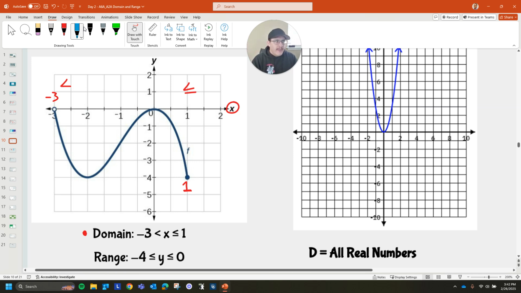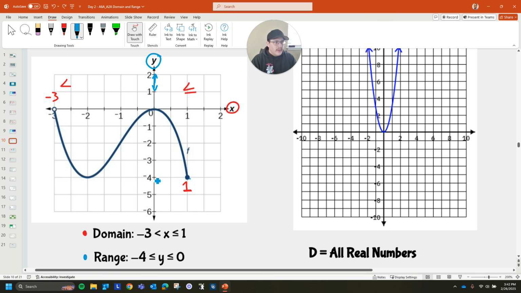With range, this may get a little tricky, but bear with me here. With range, I'm looking at all the y values. So I'm looking up and down the y-axis, for this graph only, which means I'm only looking for where this graph touches on the y-axis.